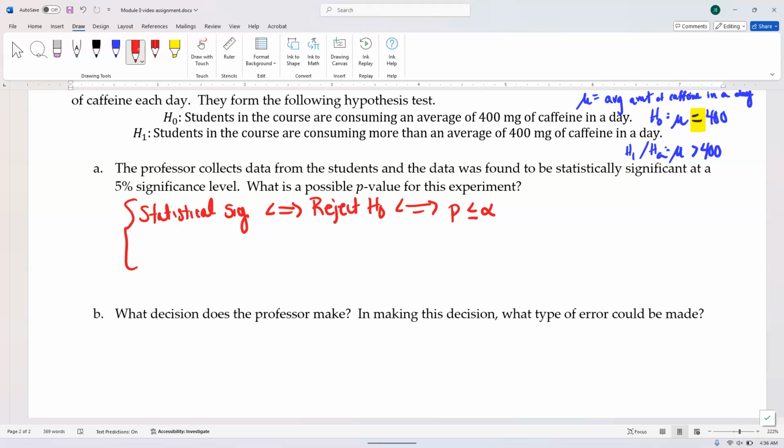Now, hand in hand with that, either you have that, or you have that there's not statistical significance, in which case that is the same as fail to reject the null. And that's the same as saying p is greater than alpha, okay?